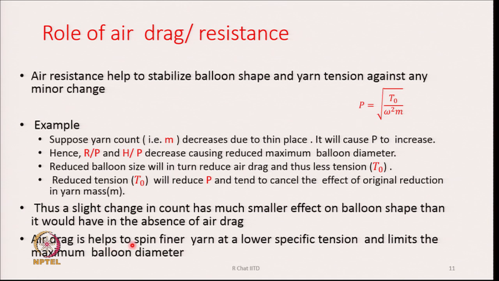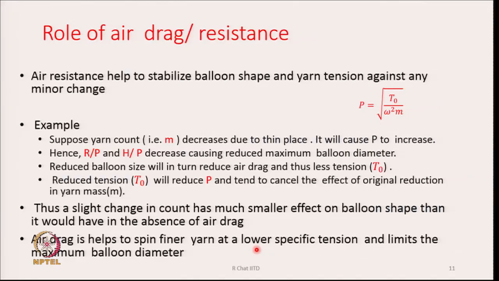Air drag actually helps more for finer yarn at a lower specific tension and limits the maximum balloon diameter. In the case of very fine yarn production, we can spin the yarn at a lower specific tension. Specific tension basically means the tension divided by the mass per unit length.